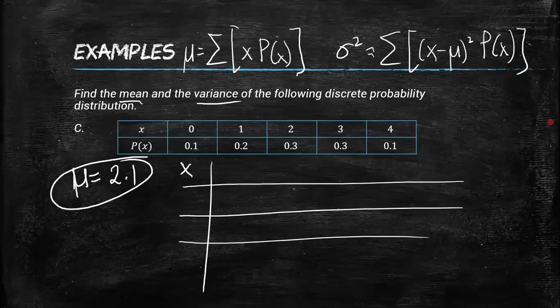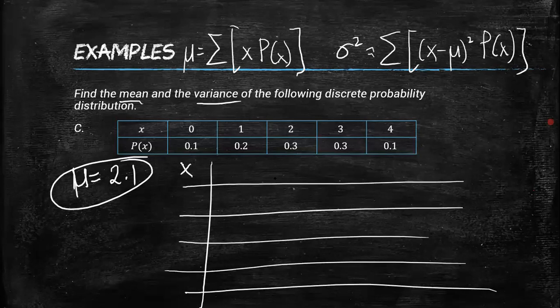Sige, ano ba yan? So, kailangan pa rin pala ng probability. Anyway, lalaktawan ko na si x times p of x ha, kasi may mu na tayo. Okay, so 0, 1, 2, 3. Oh my God, kulang. Sige, 4. Dito na lang sa baba.